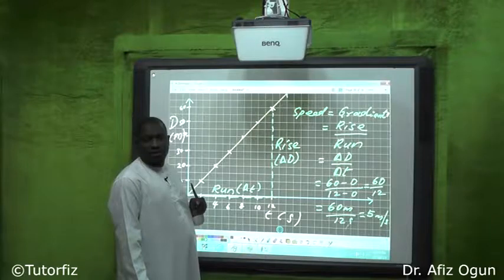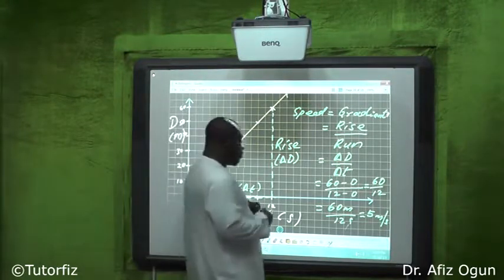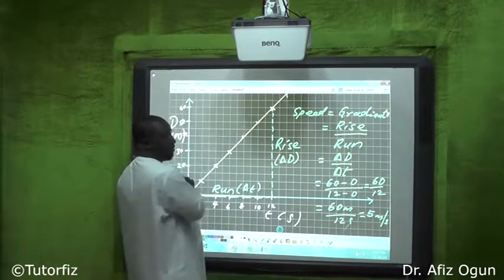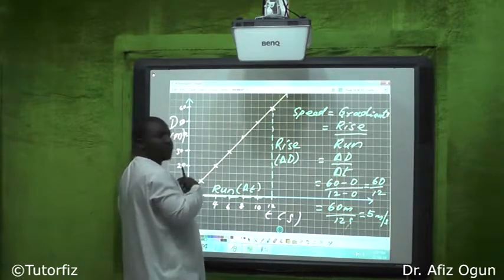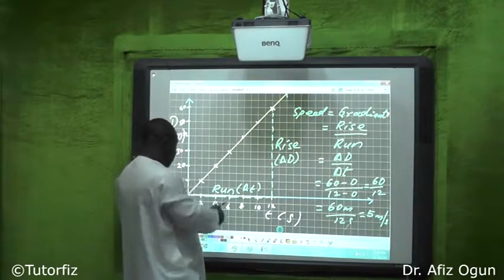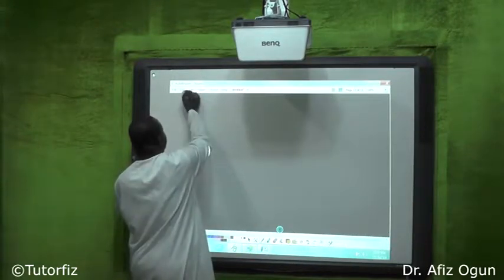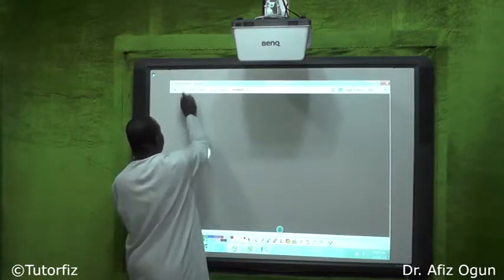This is the second scenario. Let's look at another scenario. This one now is moving away from a reference point like that. Let's assume it's moving backward to a reference point. A body moving backward.